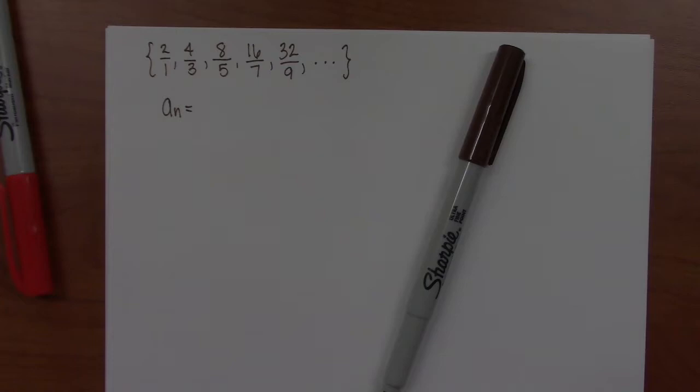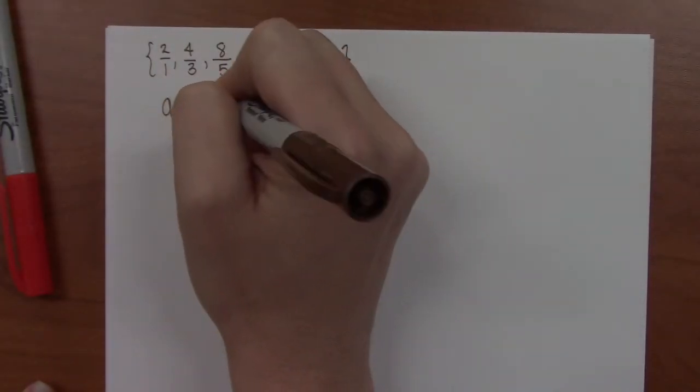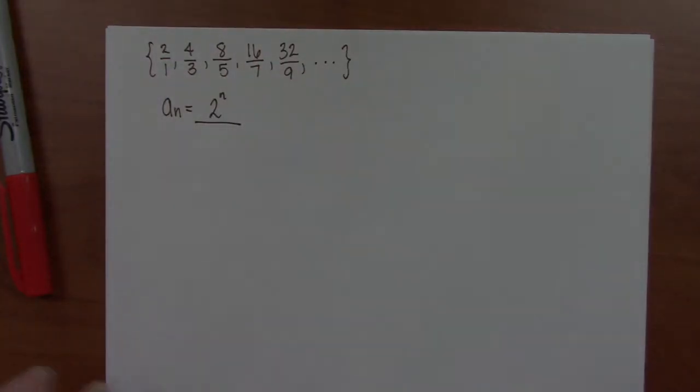It's powers of 2, right? It's doubling. So if it's doubling, that's probably going to be 2 to the n. And if we check it at n equals 1, we do in fact get 2, and then 2 squared, then 2 cubed, then 2 to the 4th, so that works. All right, what about the denominators? What's happening there?